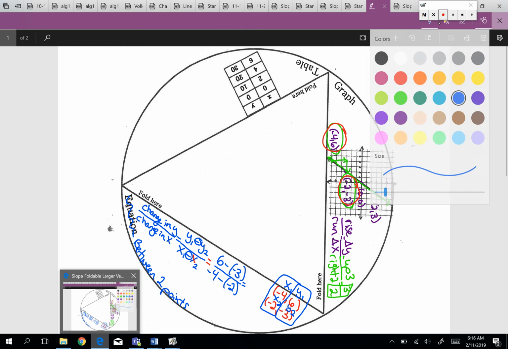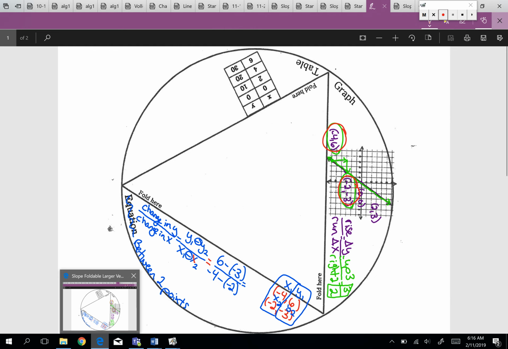What happens when we subtract a negative? It becomes a positive. So 6 plus 3 gives me 9. -4 plus 2. I just noticed I made a mistake, guys. I'm sorry. Rewind.